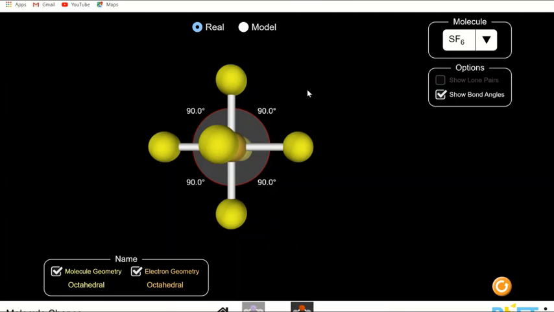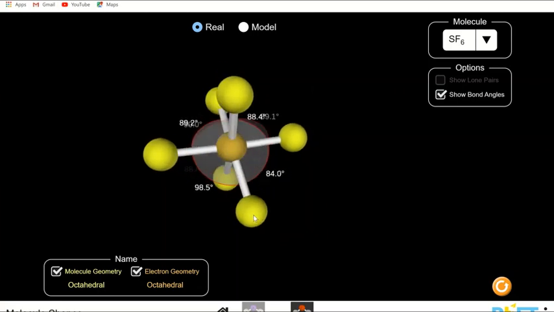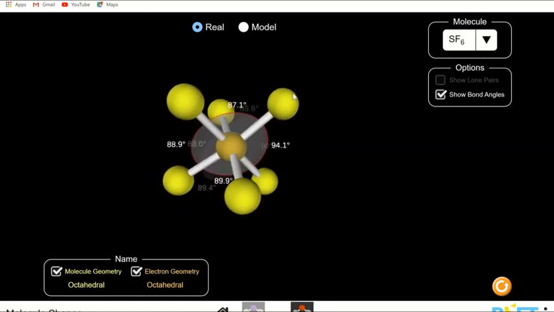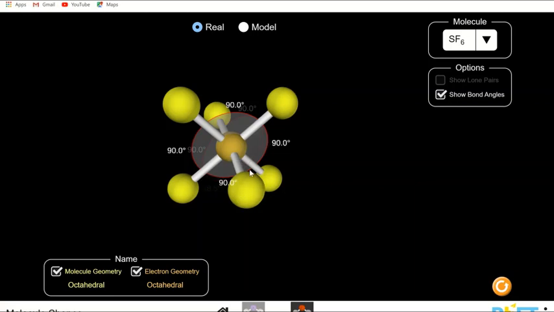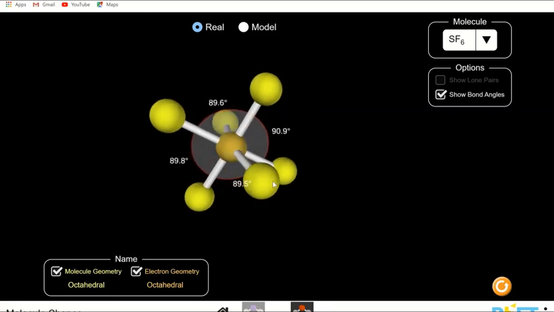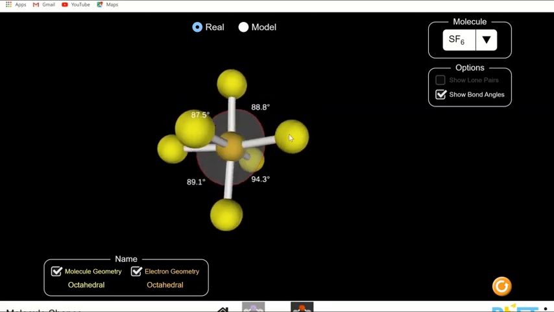Let's take a look at this. This looks like an octahedron. We have 90-degree bond angles all around. So this is called octahedral.